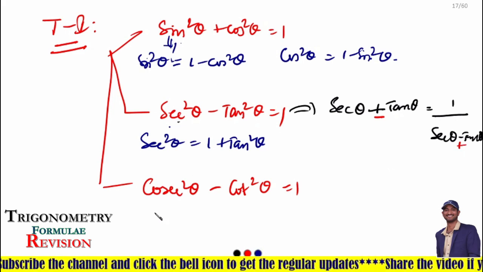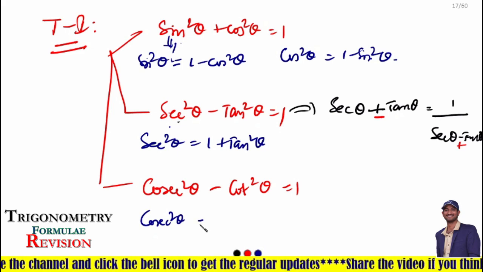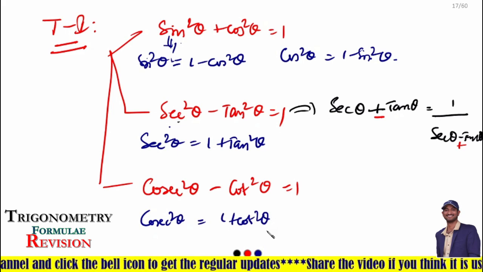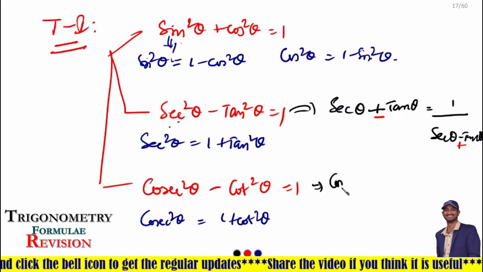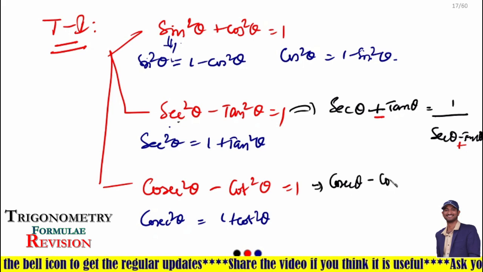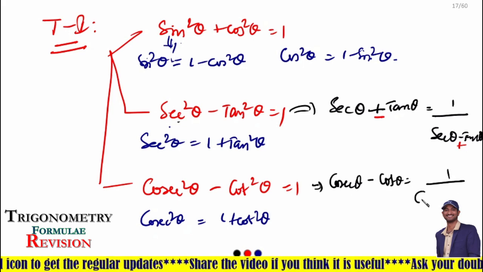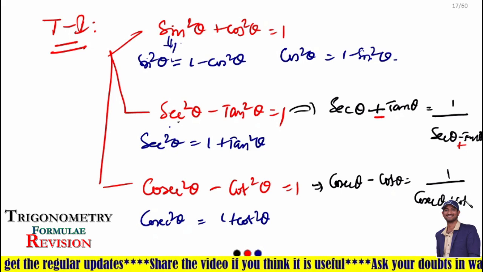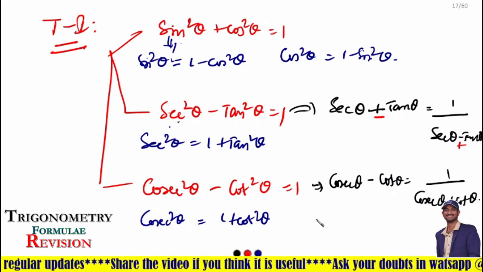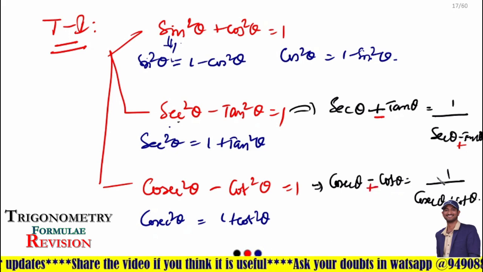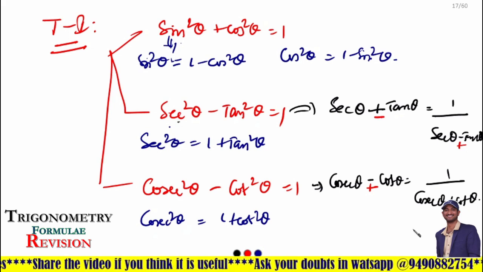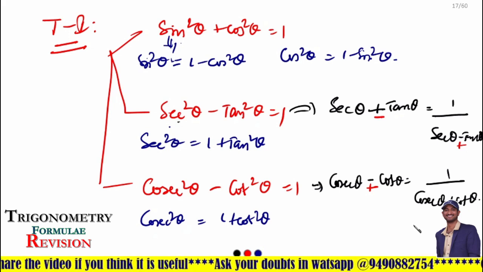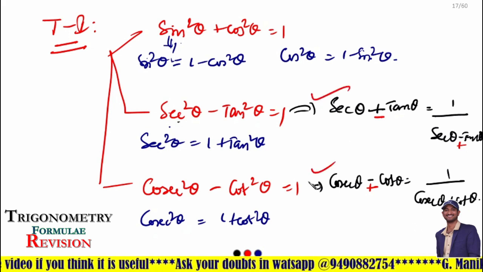Same here also. Cosecant square theta equals how much? 1 plus cot square theta. Similarly, cosecant theta minus cot theta is equal to 1 by cosecant theta plus cot theta, and cosecant theta plus cot theta equals 1 by cosecant theta minus cot theta. Okay, these formulas are very, very important.